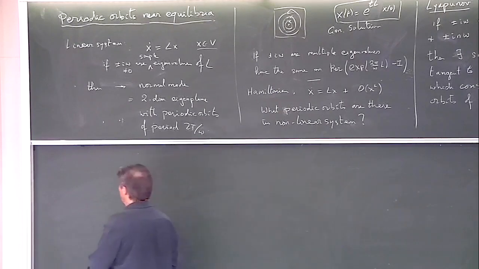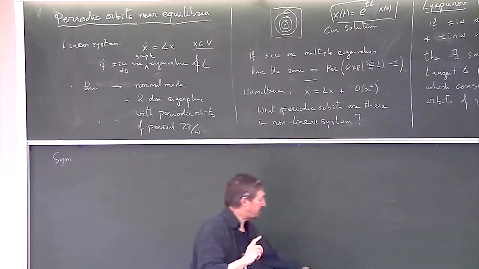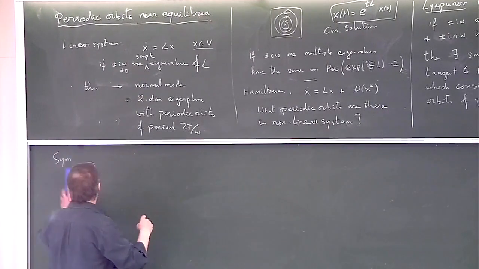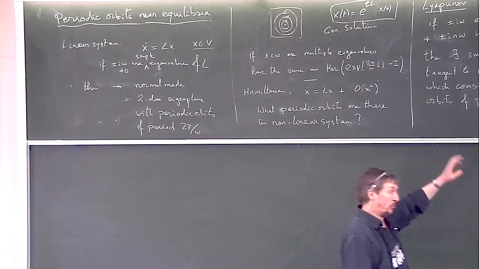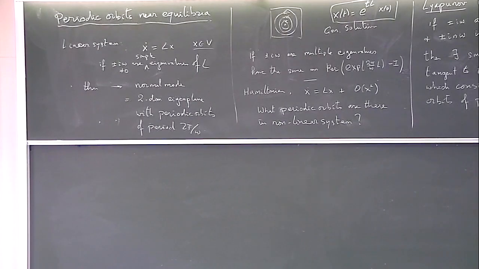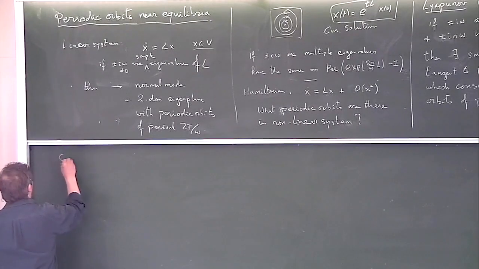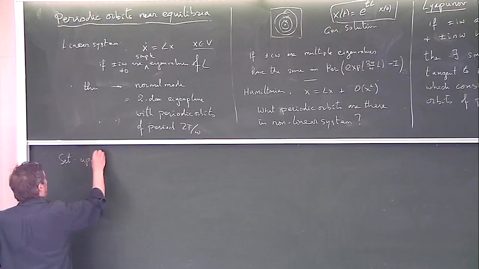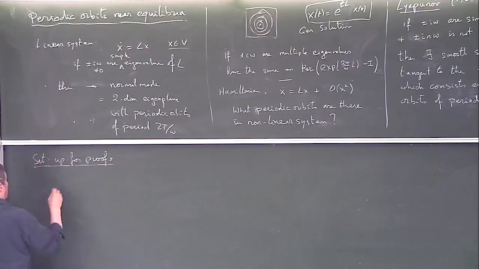But what about symmetry? Oh, no, before I say that, let me just say something about what the setup is for proving, well, one way of proving Lyapunov's theorem, or what I'll talk about afterwards.